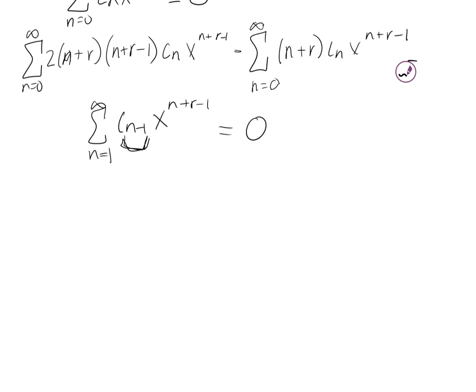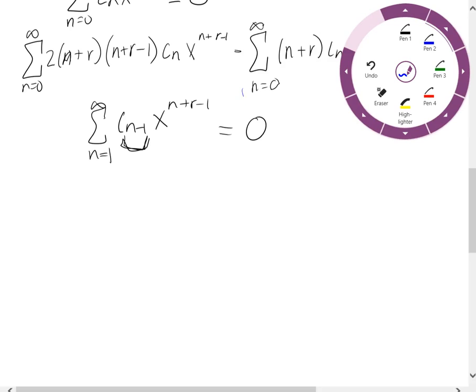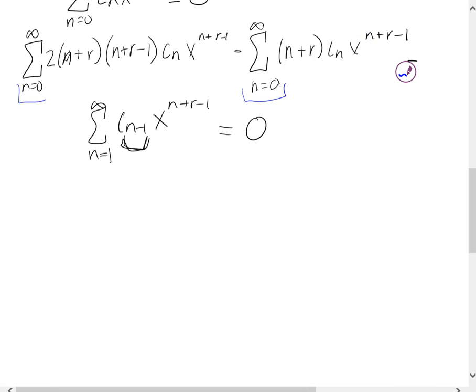So in order to combine each of these three values, we have to get this guy right here to be n equals 1 and this guy right here. So in order to do that, we actually have to plug in n equals 0 to those two equations, and then we can start at n equals 1.